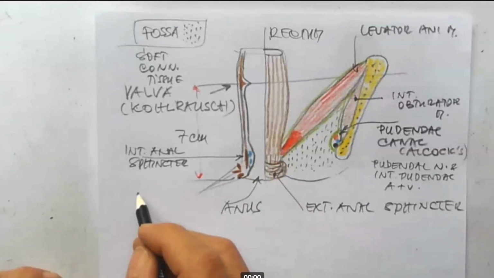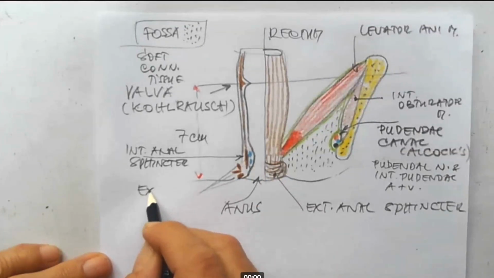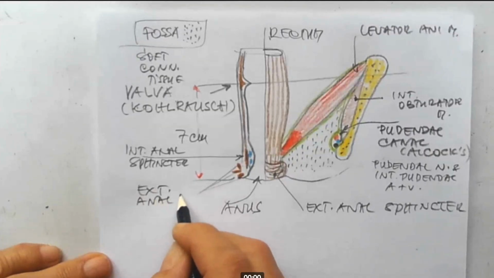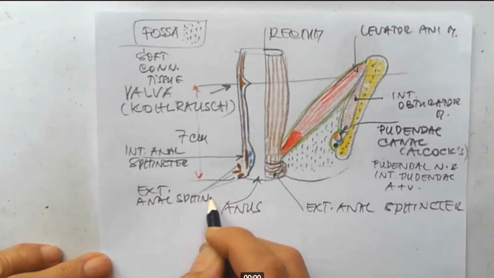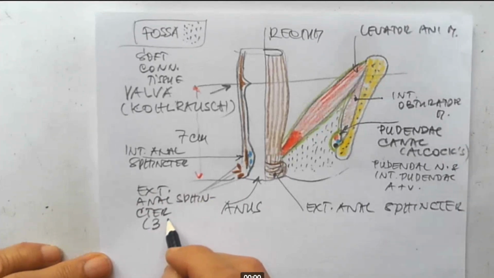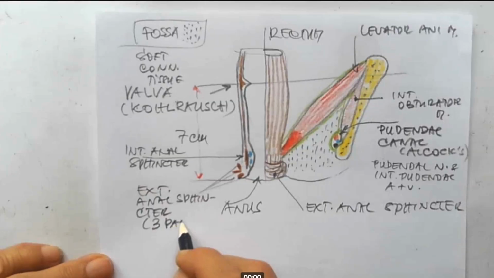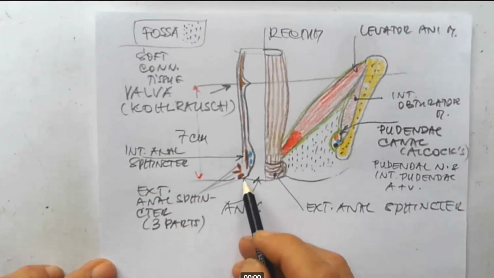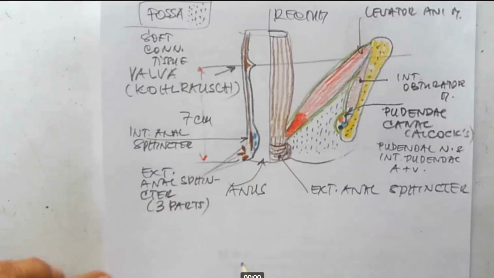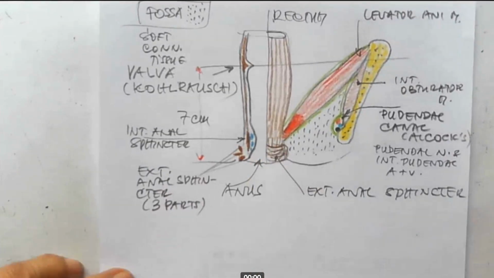This is just a superior external view. This is the external, again repeating, external anal sphincter with three parts, three portions. Subcutaneous, superficial, deep. Not necessary to draw it now or to put anything now.